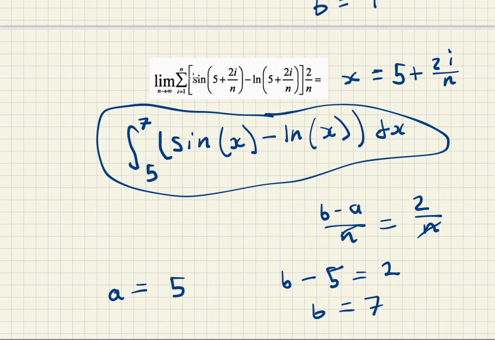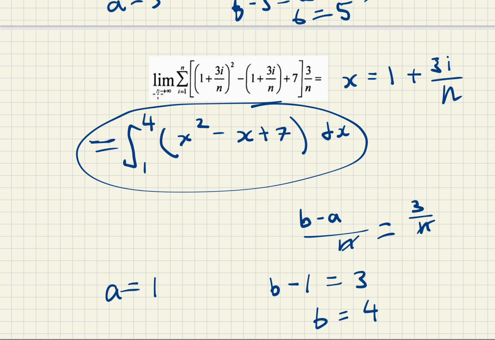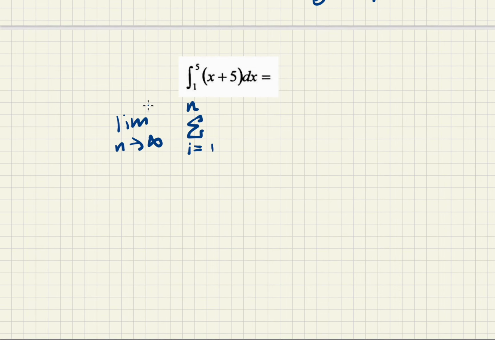In the previous cases, all of these, the initial limit was equivalent. Limit as n approaches infinity, sigma n on top, i equals 1. Here, limit as n goes to infinity, sigma n, i equals 1. So in this as well, we'll use the same basic outline, and here x is given to us, x plus 5, right?